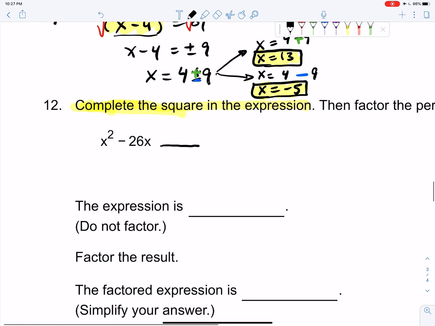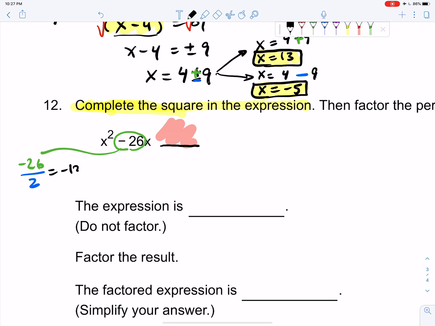So if I want to know what goes right here, all I have to do is take this number, negative 26, then cut it in half, which gives me negative 13, then square it, and when I square that, that gives me 169.